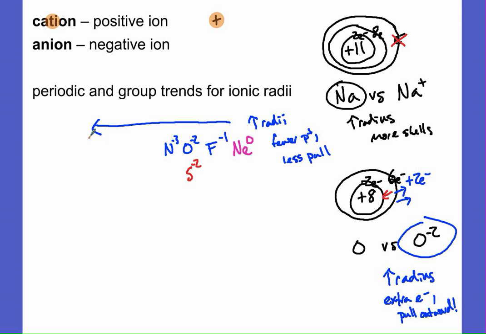So I have the same things going on as I go from top to bottom: the things towards the bottom have a larger radii because of the shell issue. As you go down, there are more shells, and more shells make those things automatically bigger.